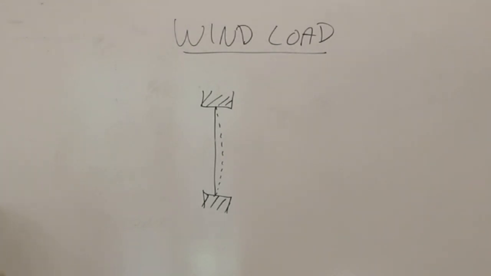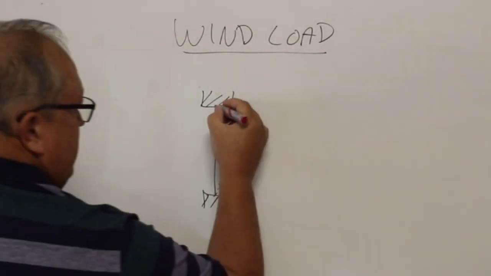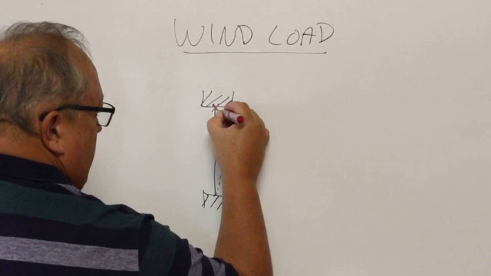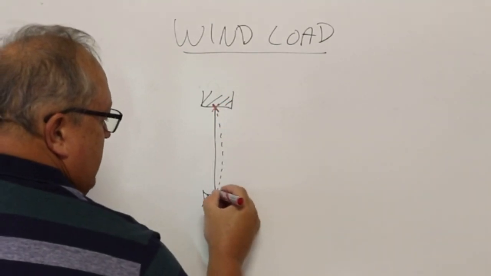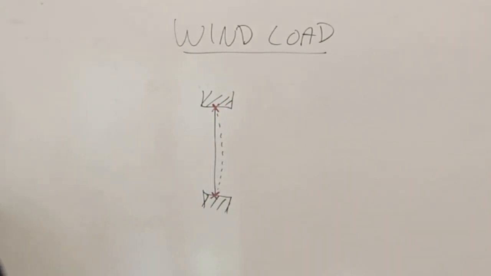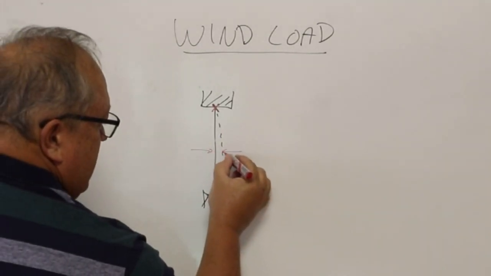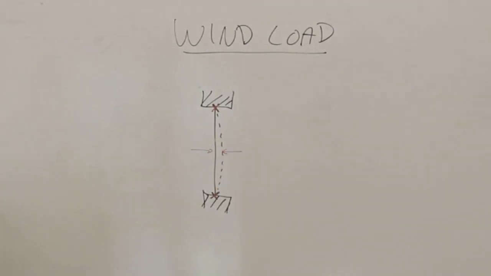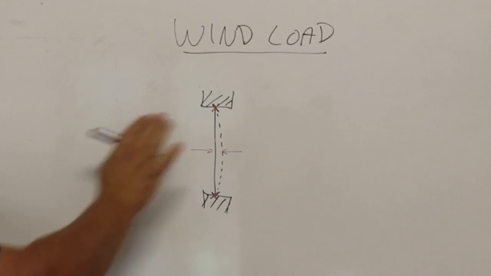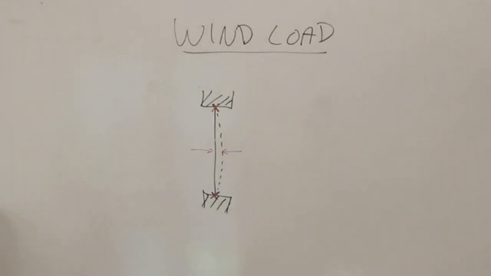It considers that this aluminium profile is only supported at that point and at that point. And the National Building Regulations limits the maximum amount that that profile may deflect due to the effect of the wind blowing against that window.